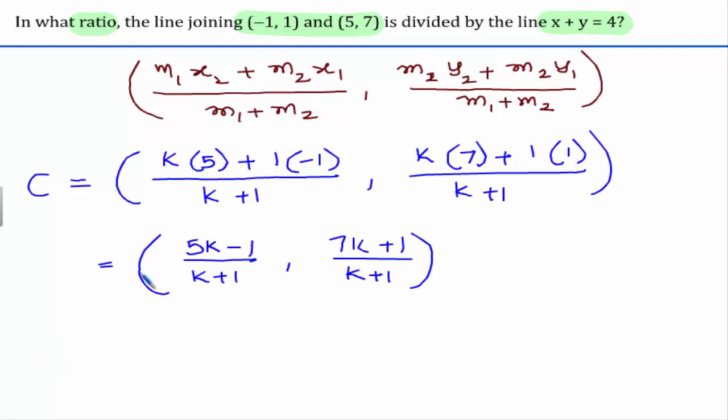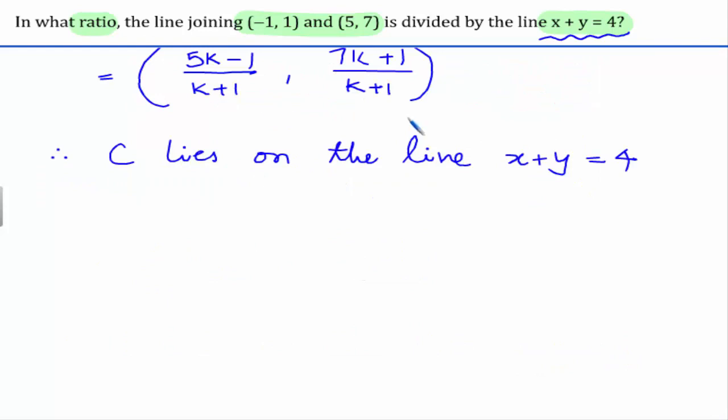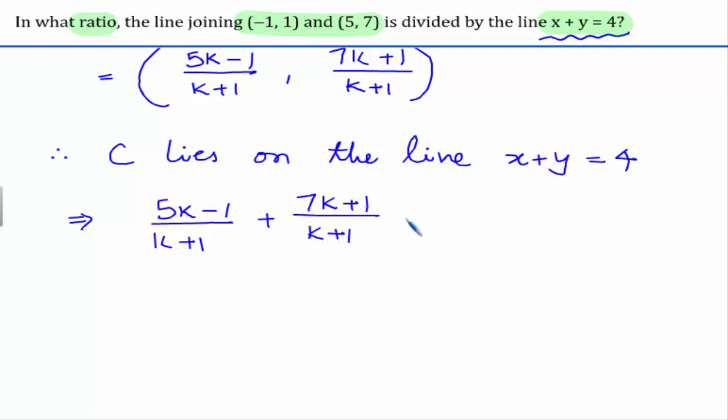And now it is given that this line segment is divided by the line. Therefore, C lies on the line x plus y is equal to 4.